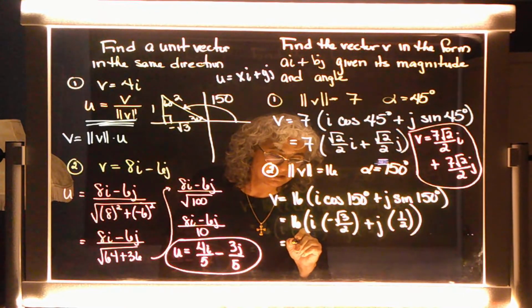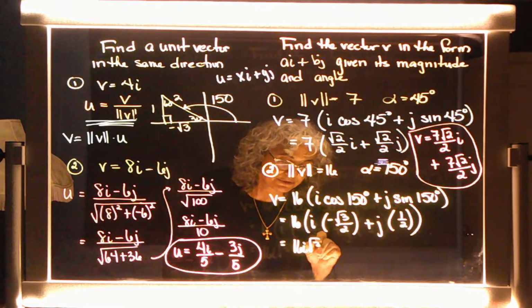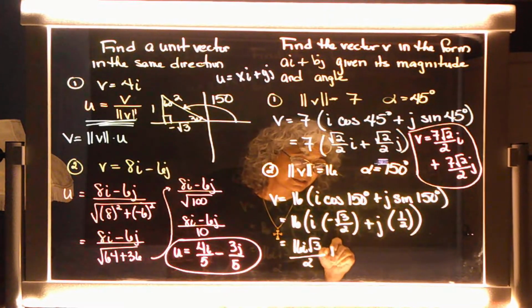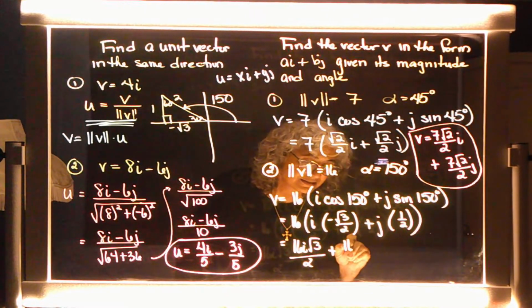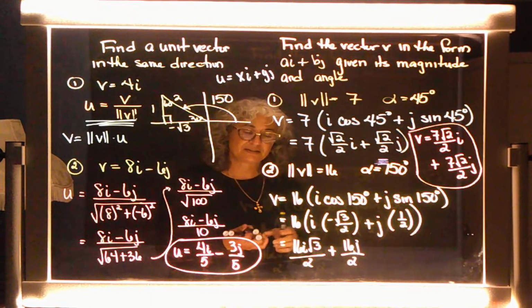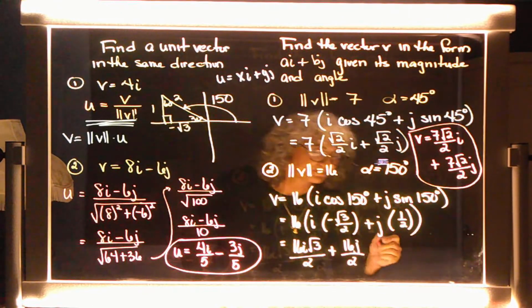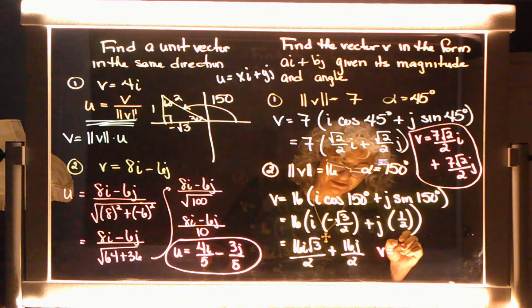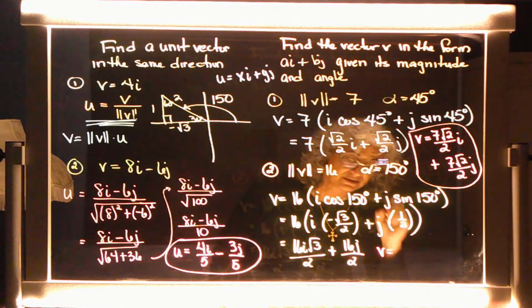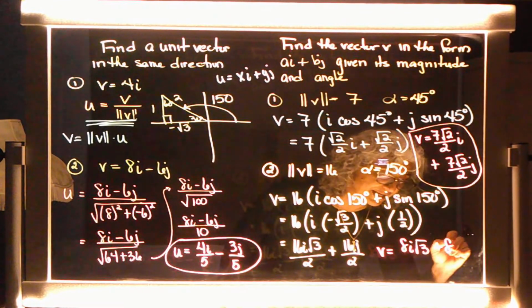which gives me 16i square root of 3 over 2 plus 16j over 2, which means in this case, because these can be reduced, can't they? That vector v would be, good, 8i square root of 3 plus 8j.